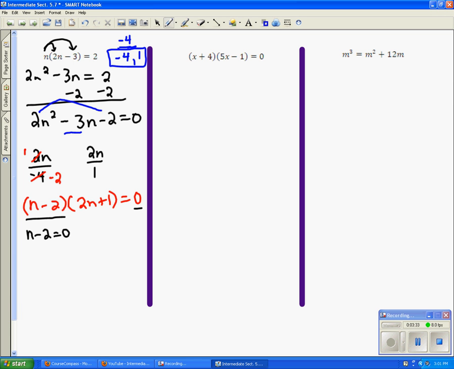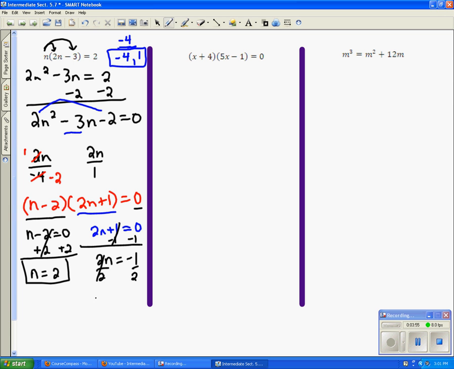And then I'm going to take my second parenthesis, 2n plus 1, set it equal to 0 and solve. So I'm going to have n equals 2 as one of my solutions. And over here, I'm going to divide both sides by 2, and I have n equals negative 1/2.